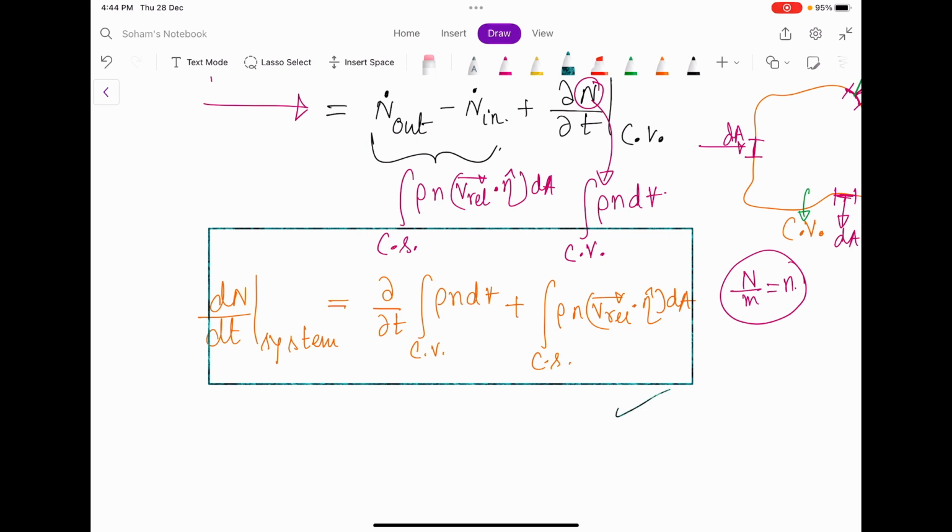Now let us move to the energy equation derivation.